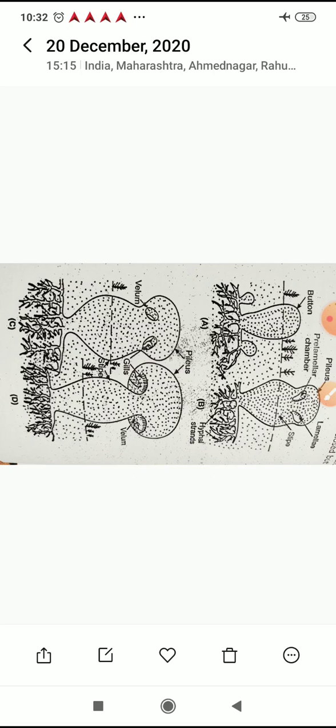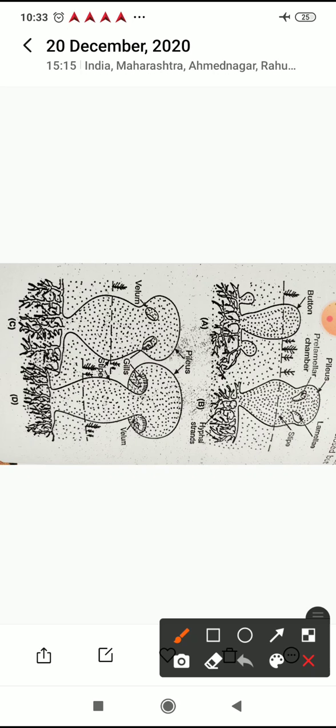The secondary mycelium, after formation of, just see again, two opposite strain nuclei from two opposite strain hyphae. For example, just see how it happens.